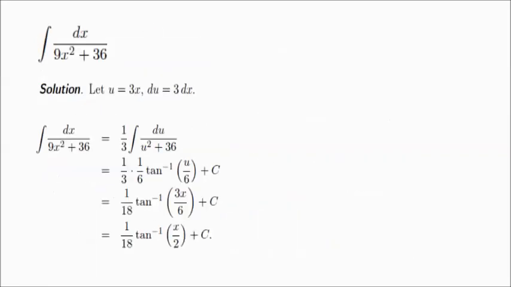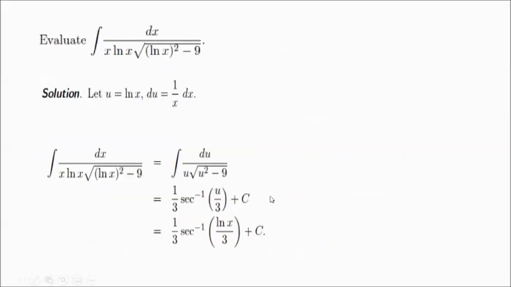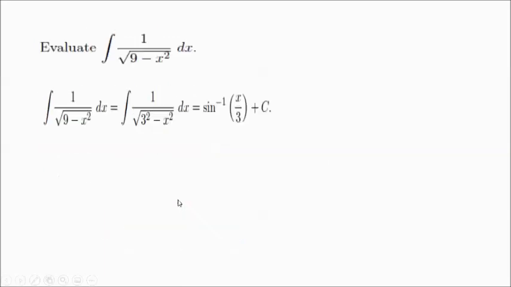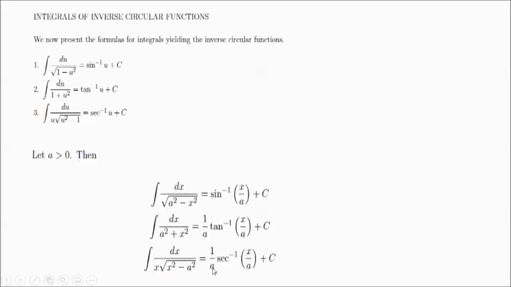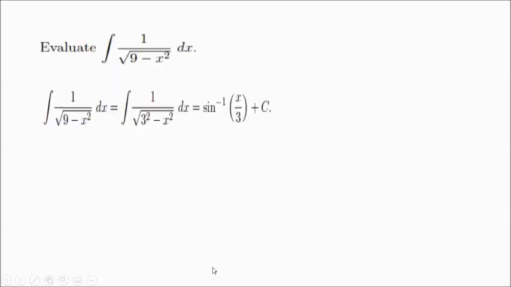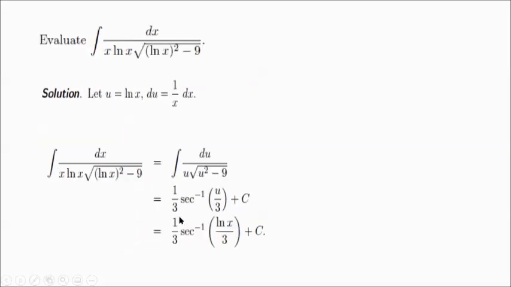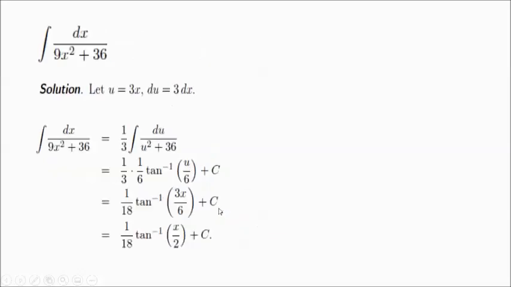3 square is 9. Kaya 1 over a, which is a natin is 3. And then u over 3.